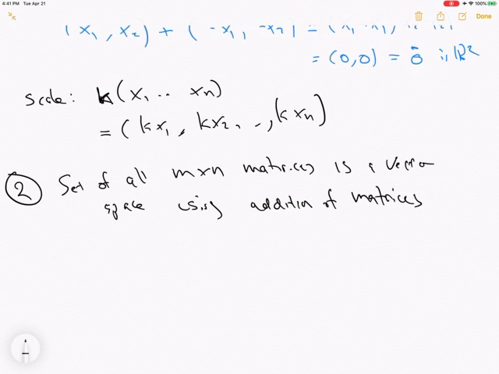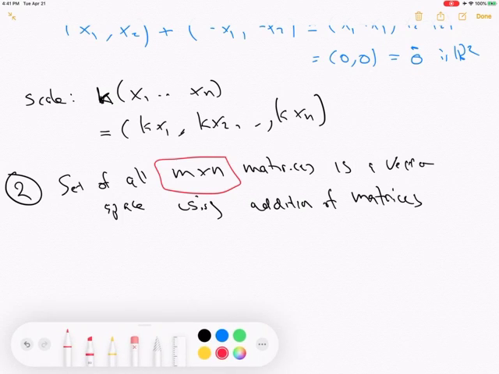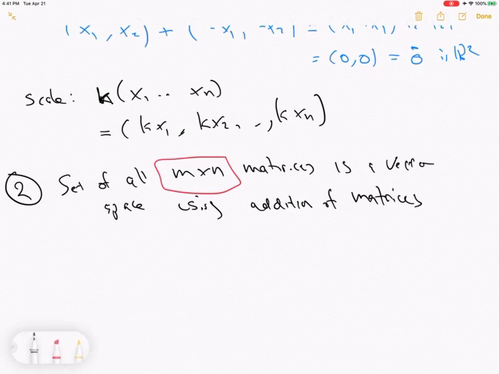It has to be a fixed dimension, so that's why they all have to be of the same type. You can add two m by n matrices together, you just add all the coordinates, and using scaling a matrix.